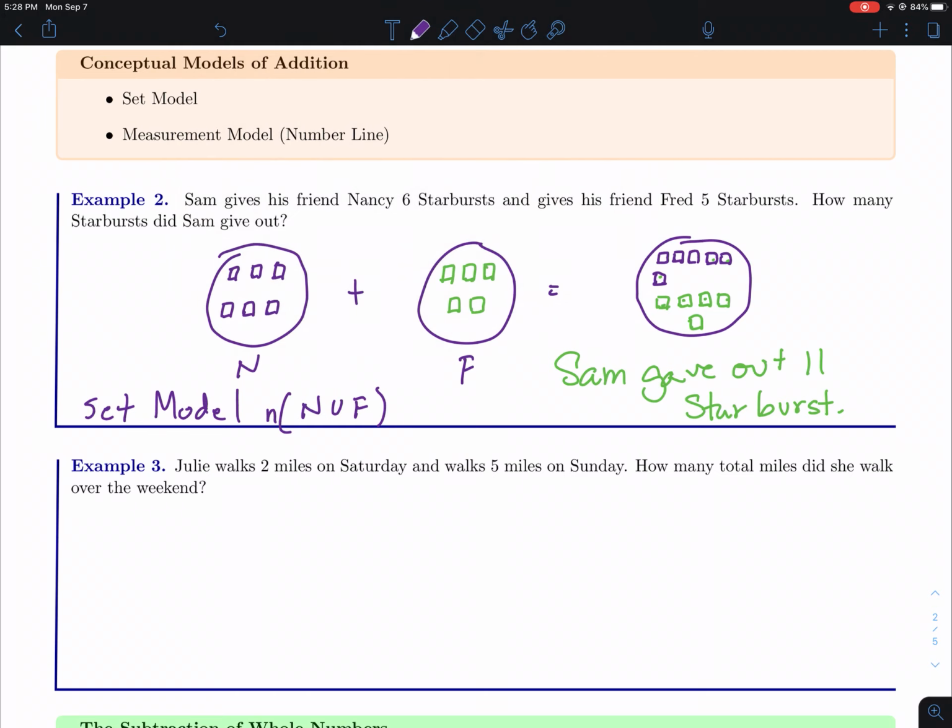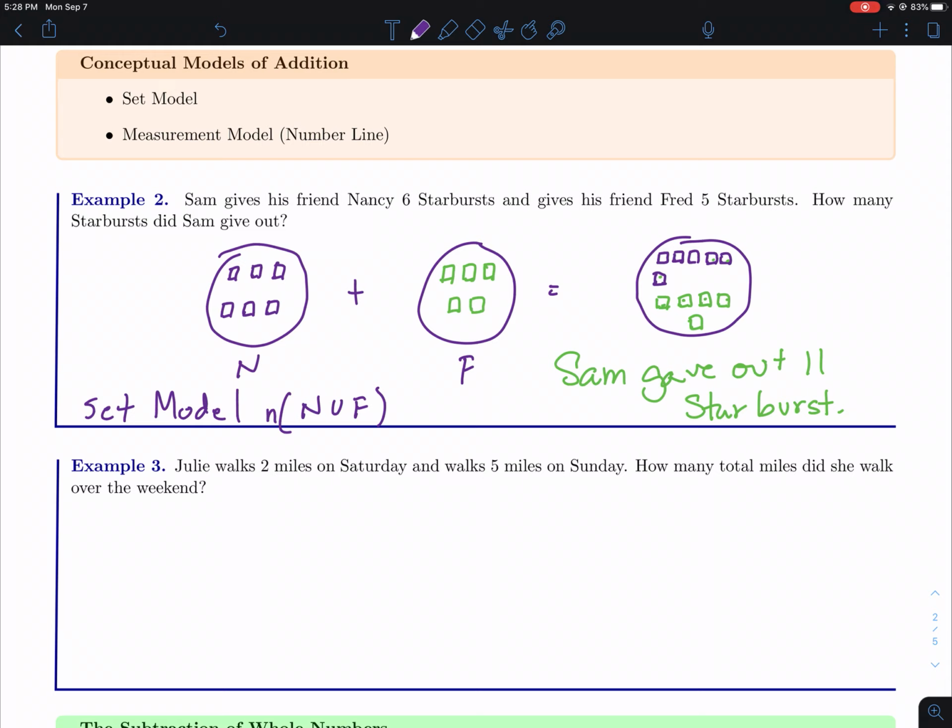I'm assuming you probably could have looked at this and just said 11 off the top of your head, but the point here is, yes, I want you to get the right answer, but we really want to focus on what the model actually looks like and making sure we demonstrate the proper model. Use different colors, use whatever it takes to distinguish Nancy's pile from Fred's pile, but then show how they combine together, so that we've pooled all their starburst and gotten one big pile to find out how many there are.